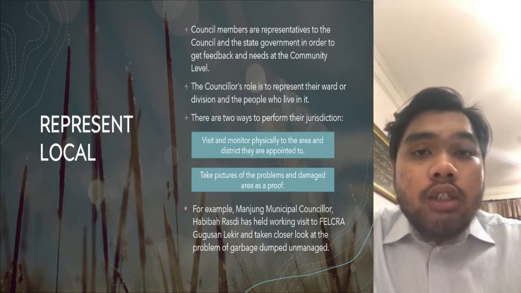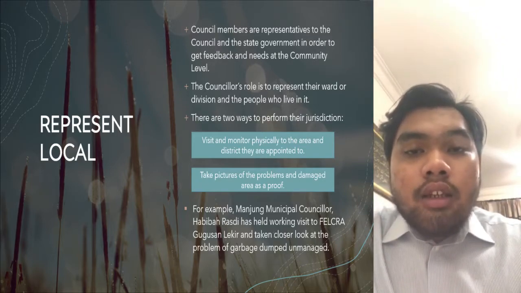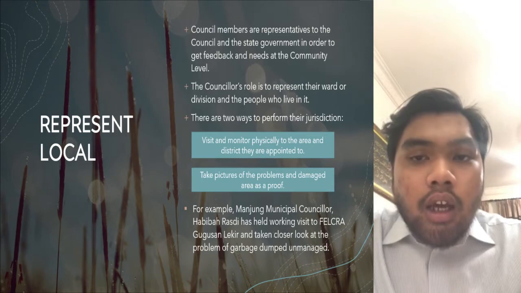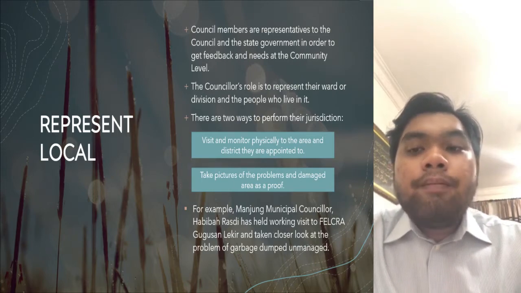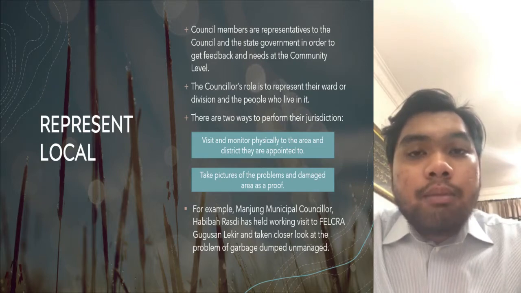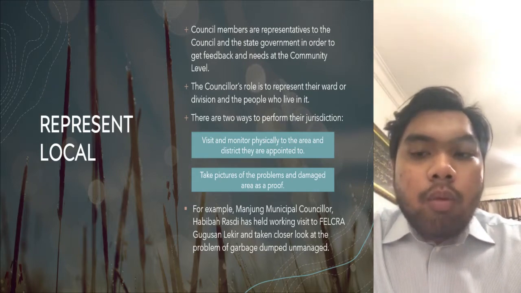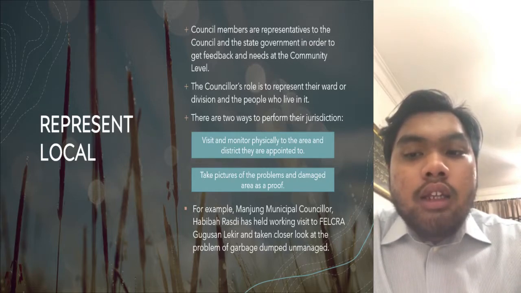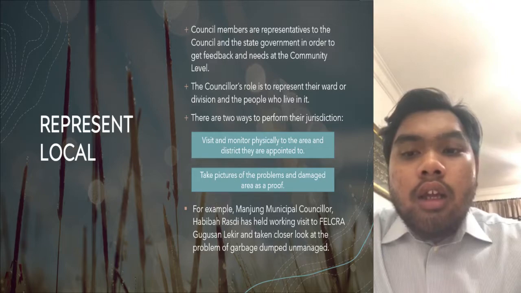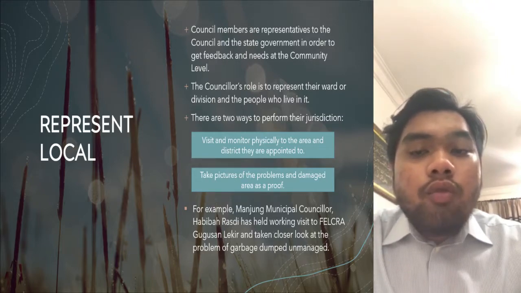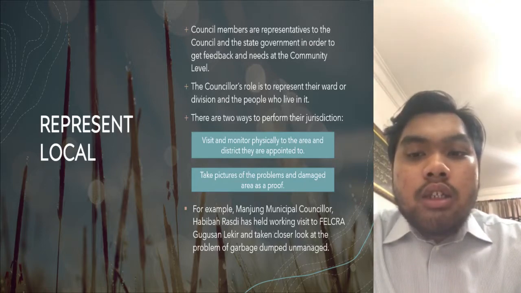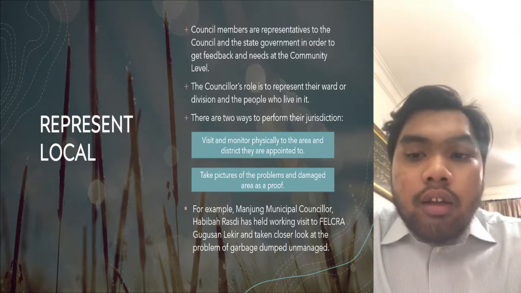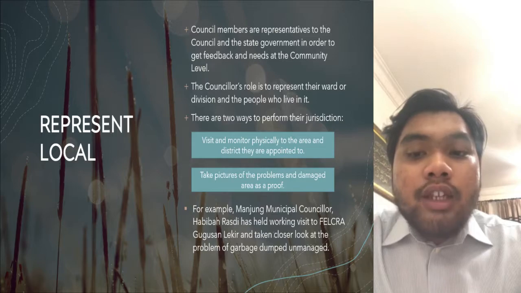The first one is that councillors visit and monitor physically in the area and district they are appointed to. This helps them collect more information about the problems occurring in their area and district. Local people in that area will also find it easy to voice out their problems and damage to the council members, because when the council members visit their area, the residents can approach them face to face and discuss what is happening in the area.